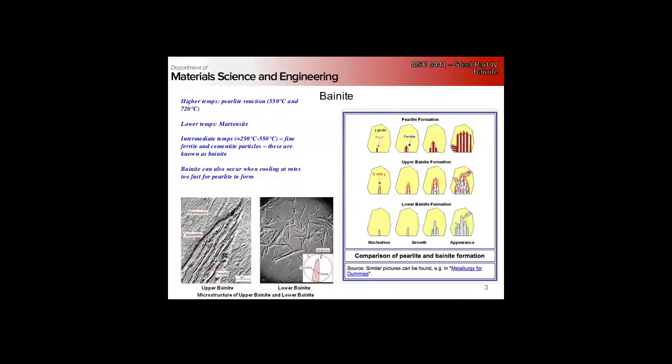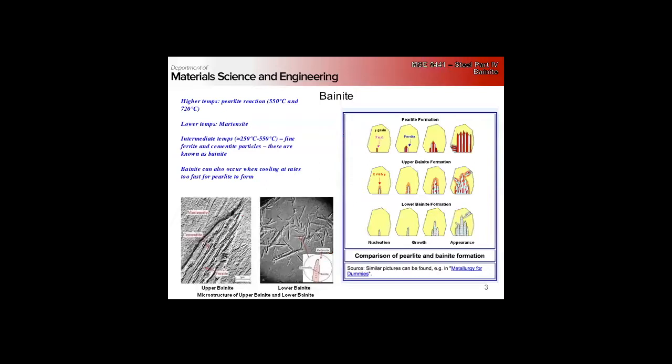So at higher temperatures we get the pearlite reaction. If we go a little cooler from the pearlite reaction, we may get Widmanstätten ferrite. If we go a little bit lower, we get Bainite, and if we go even lower, we get martensite.